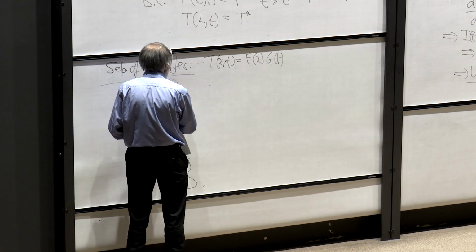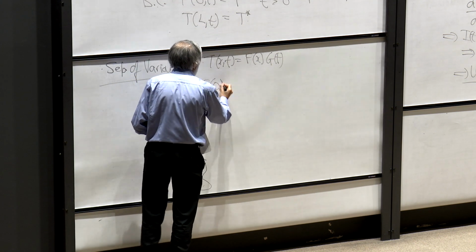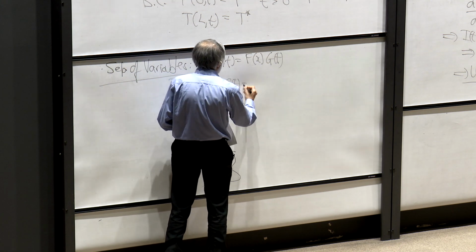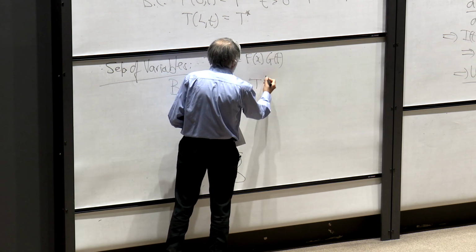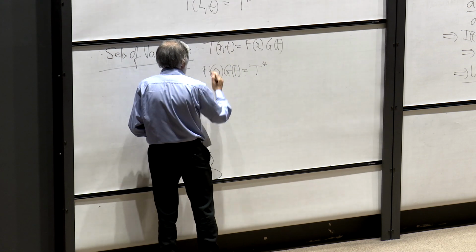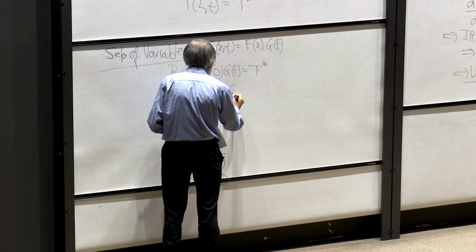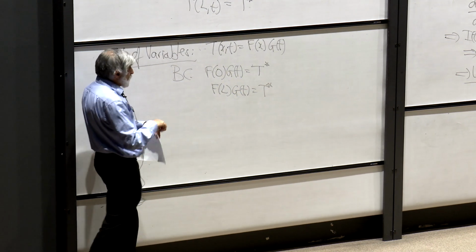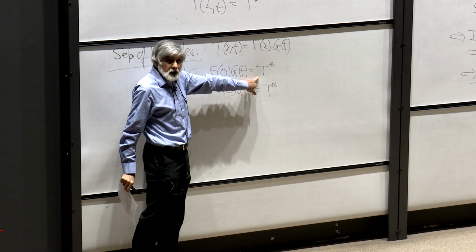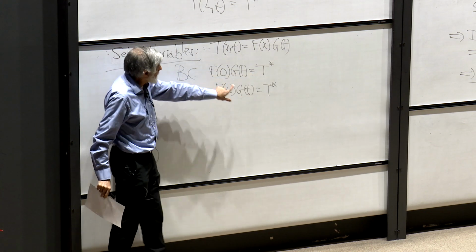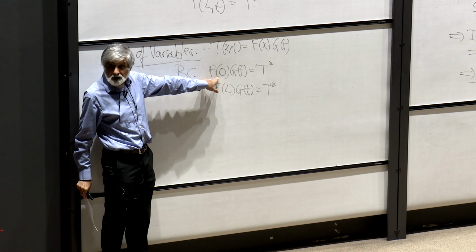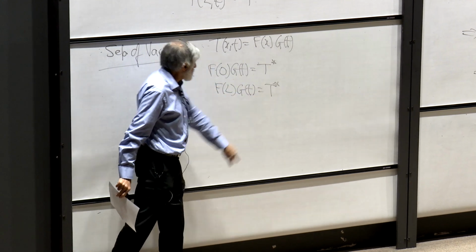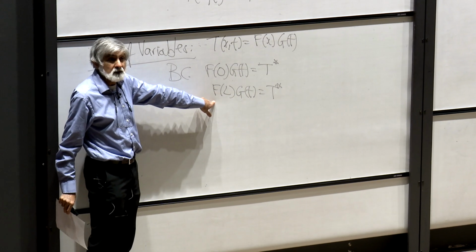So f of 0 g of t equals T star, f of L g of t equals T star. Now beforehand this was 0, so then we said f of 0 is 0, f of L is 0.